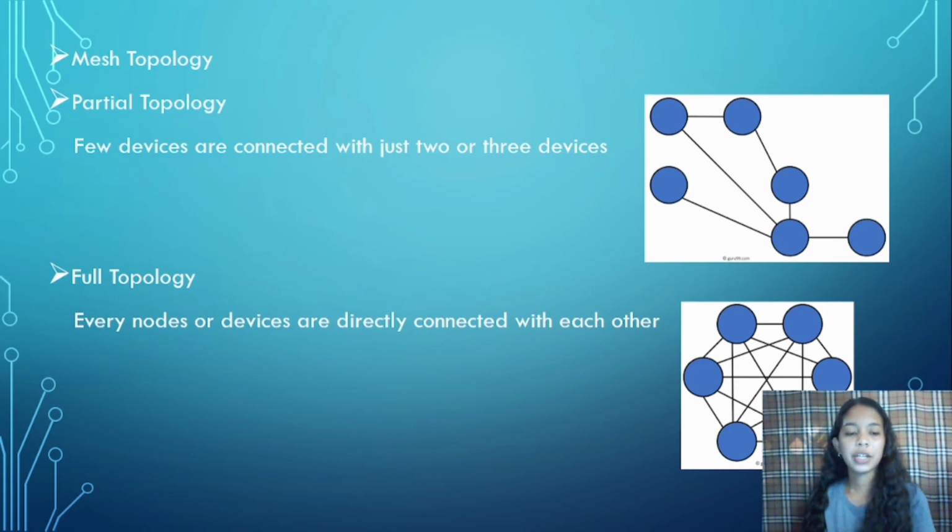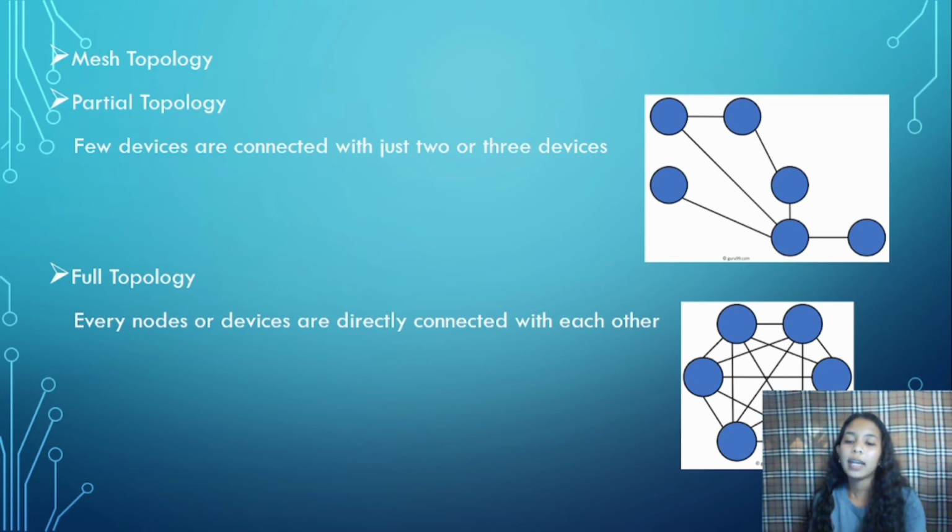As you can see, there are differences in their figures. Next, the full mesh topology is where every node or device is directly connected with each other. Yes, it is in the figures.